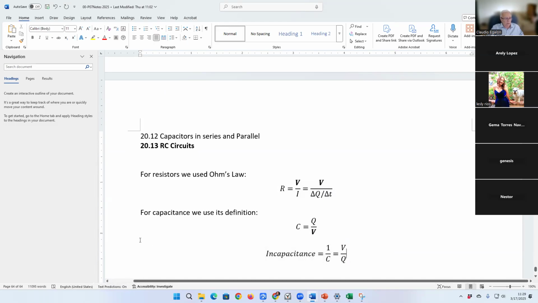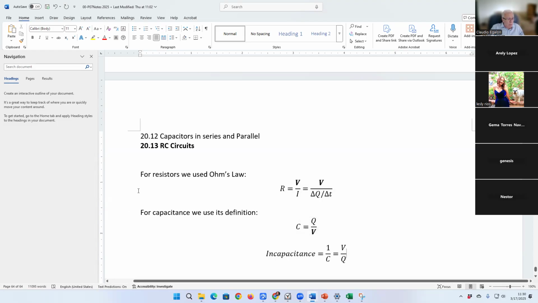Okay? This definition doesn't follow the same property of direct proportion, just because of its definition. If you were to define something else called capacitance, we would end up having the same proportionality with those parameters, okay?